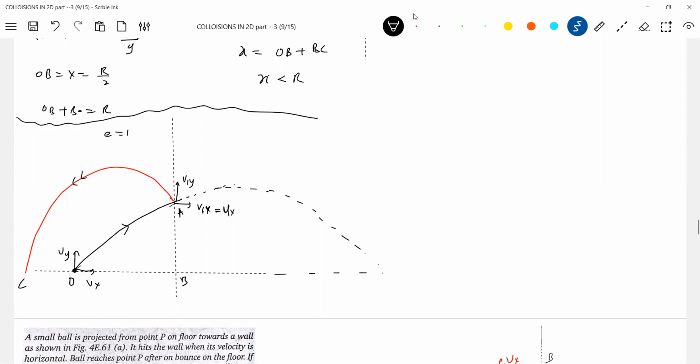It should be equal to the range. And the time taken to move from O to A plus A to C should be equal to the time of flight, because I have an elastic collision and it will come and strike the ground with the same speed. With what speed you projected, with the same speed it will come and strike the ground. So OB plus BC should be equal to the horizontal range.